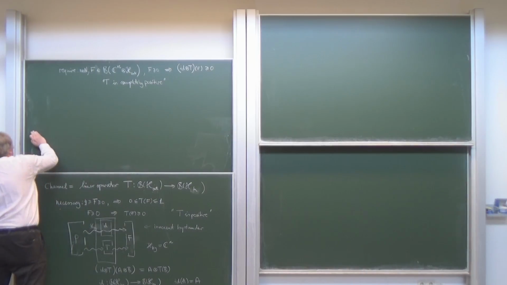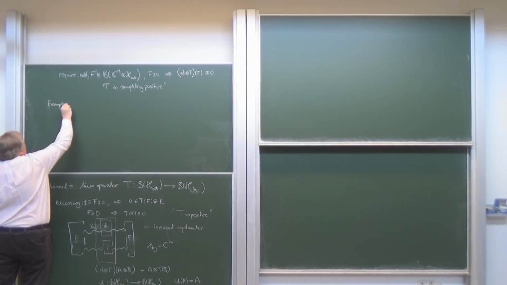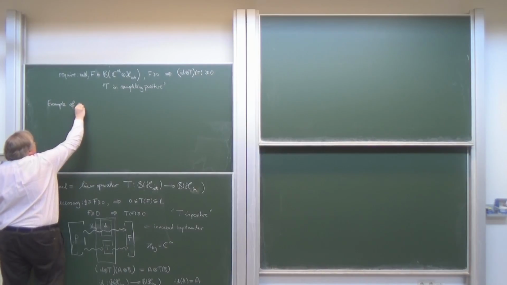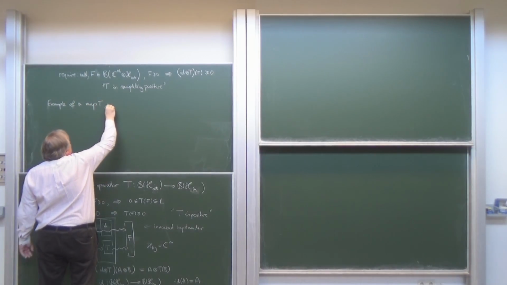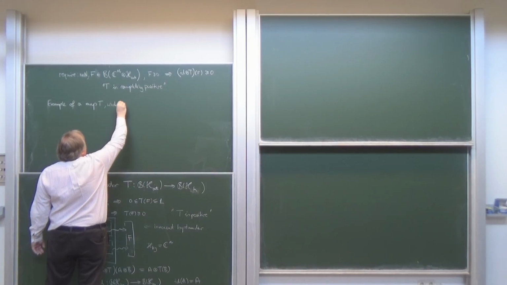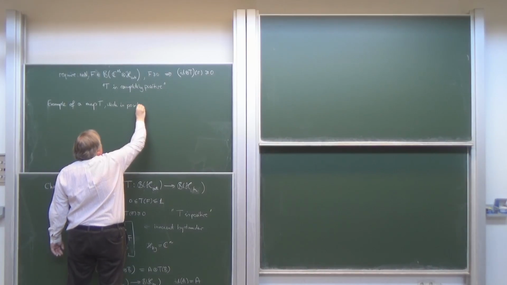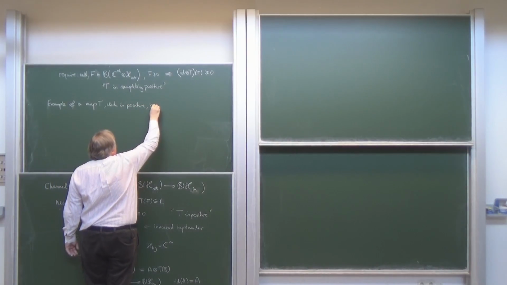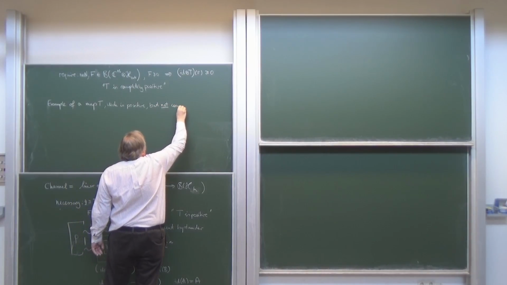So let's do an example of a map T, which is positive, but not completely positive.